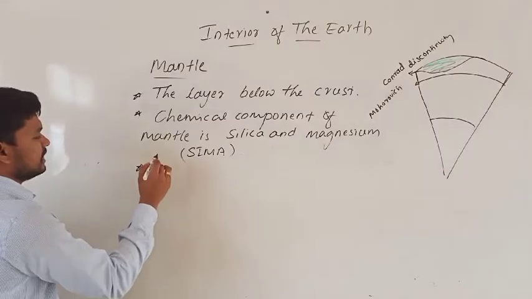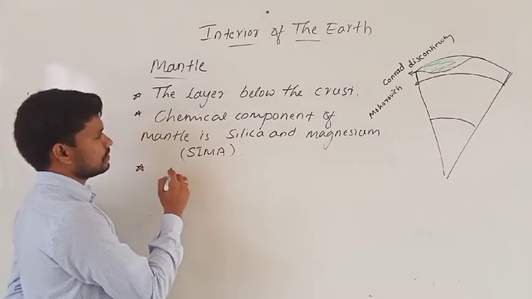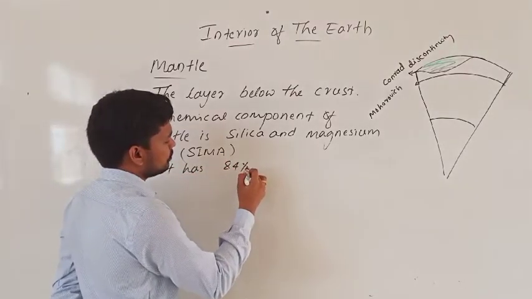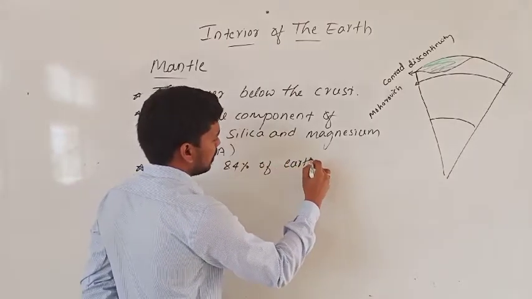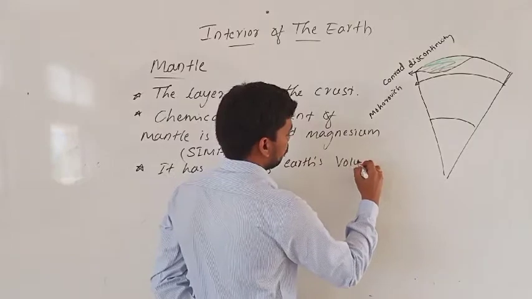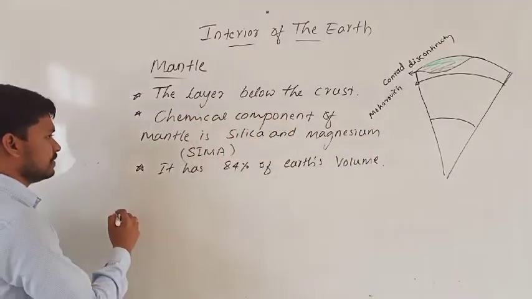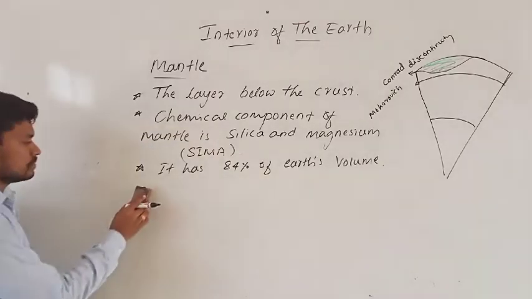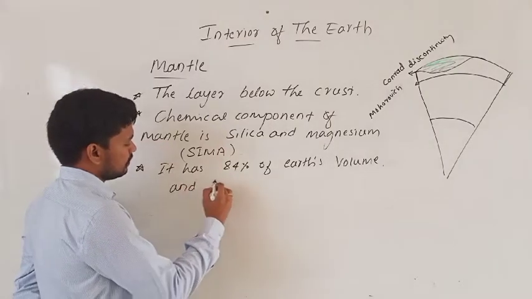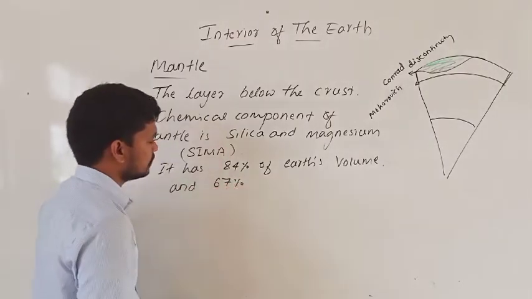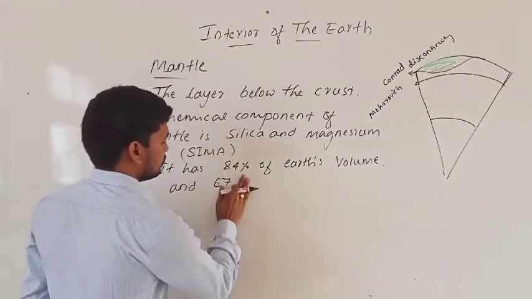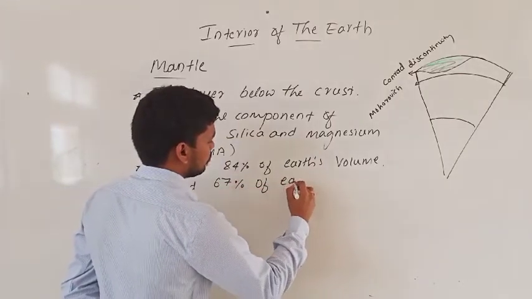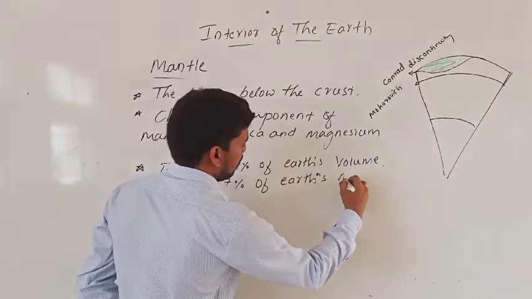This mantle constitutes 84% of Earth's volume and 67.5% of Earth's mass. It shares 67% of Earth's mass.